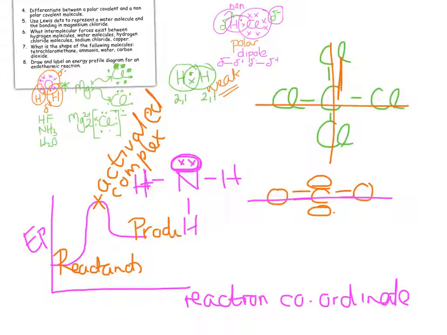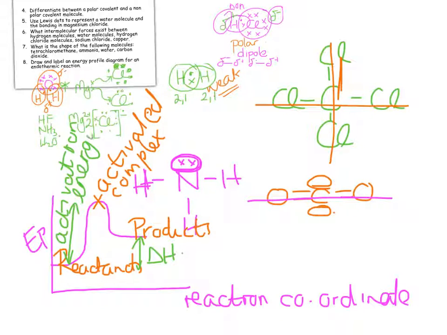Products. Maybe over here put in the delta H, or the heat of the reaction, and maybe over here we might want to write activation energy. And there is our endothermic classic curve.